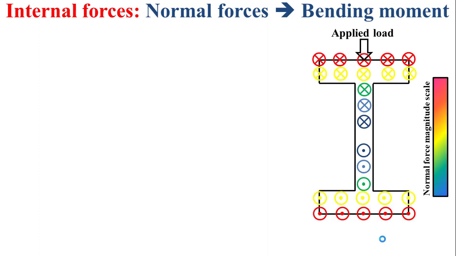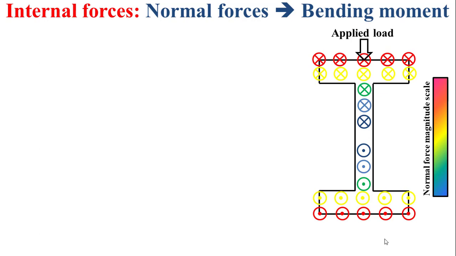So we have the cross-section view depicting the normal forces applied perpendicularly to the cross-section as compression on the side of the applied load and tension on the opposite side of the applied load, and they are amplified as we approach the flanges.